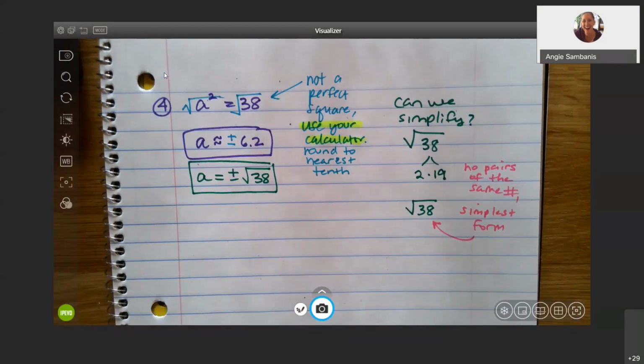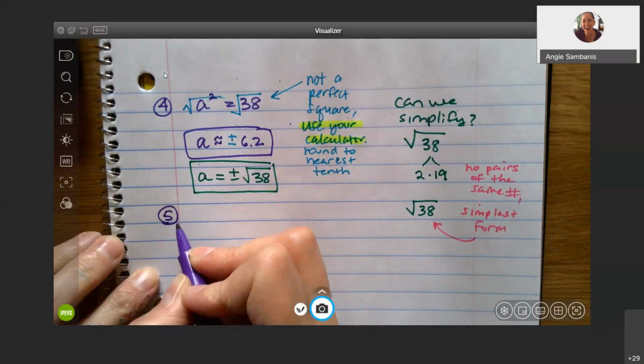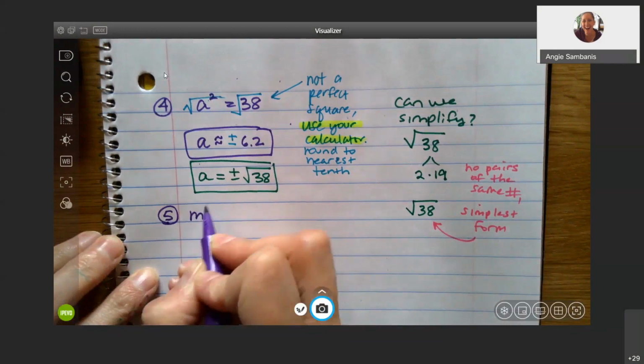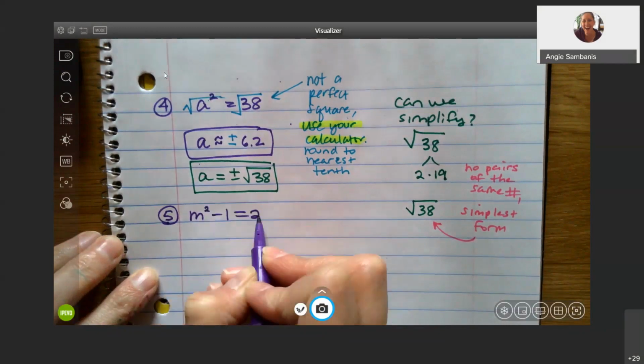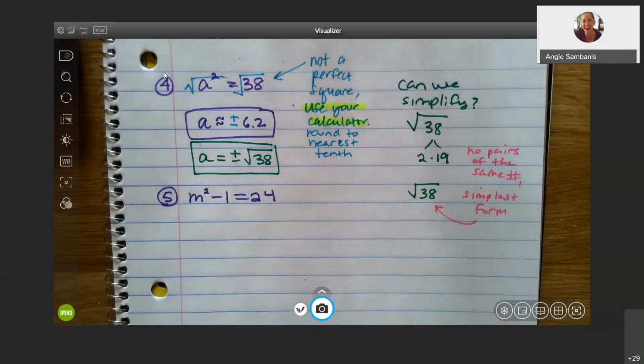All right, let's kick it up a notch. Let's look at m squared minus 1 equals 24. Can you guess what we're going to have to do first here, before we can take the square root? Good, Susanna. Anybody else have an idea?